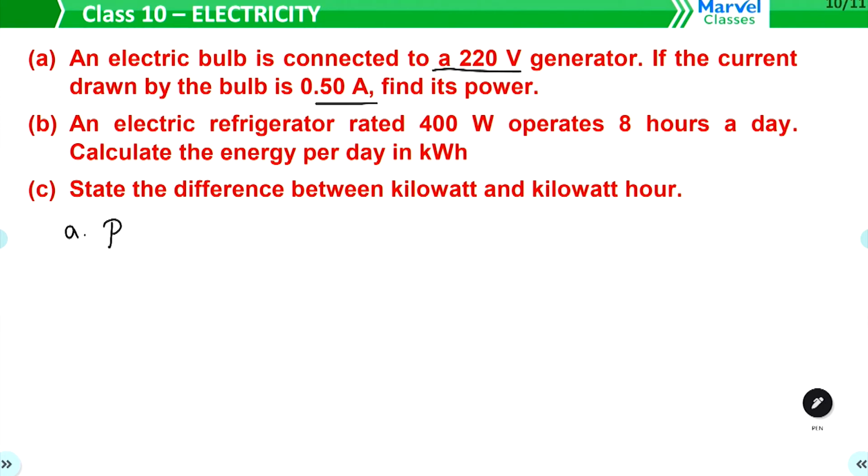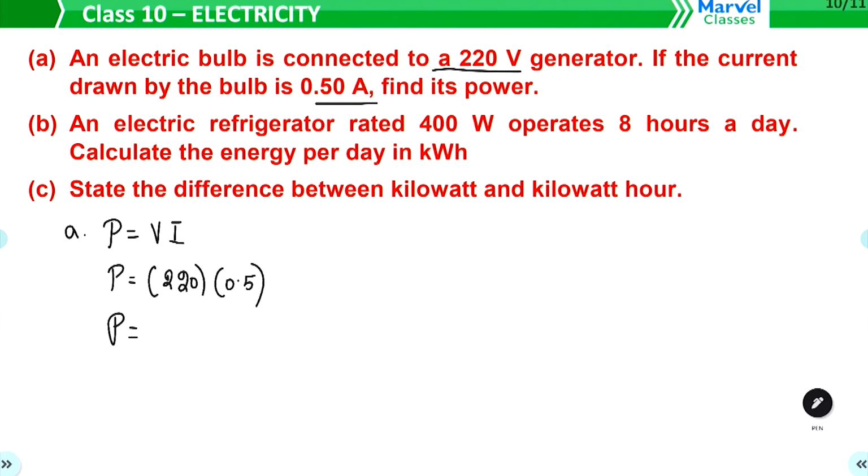So power P is equal to V into I. What is the voltage here? It is 220 volt and the current I is 0.5.